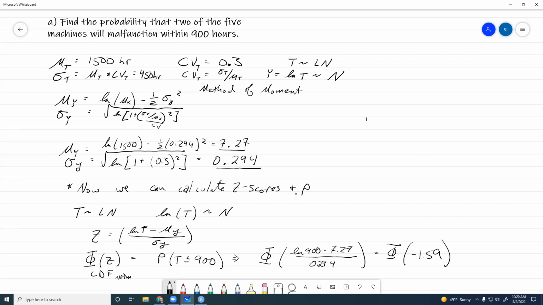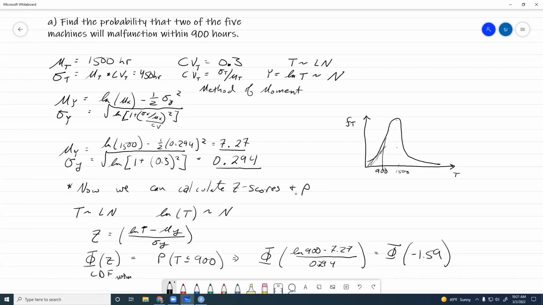So we get a negative z-score value. I'll just draw this out from a log-normal standpoint and then the standard normal. So we know that 900 comes before the mean. The mean is probably somewhere over here at 1500, and we'll say 900 just over here.